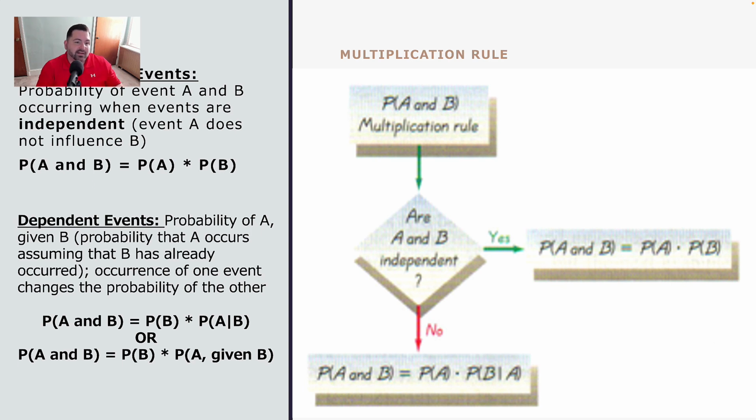If it's a dependent event where the probability of A given B, right, then the occurrence of one event will change the probability of the other event.